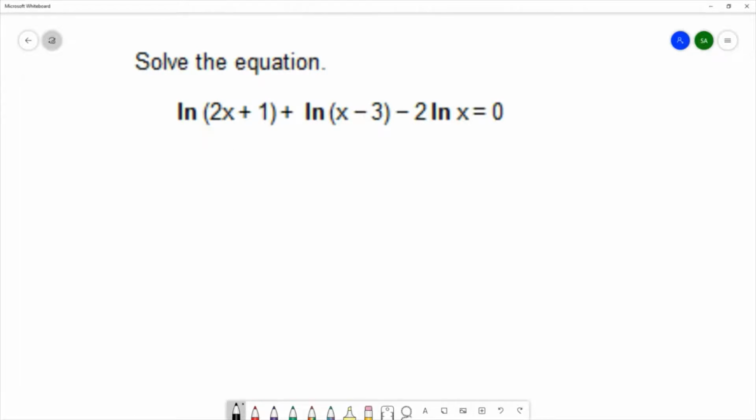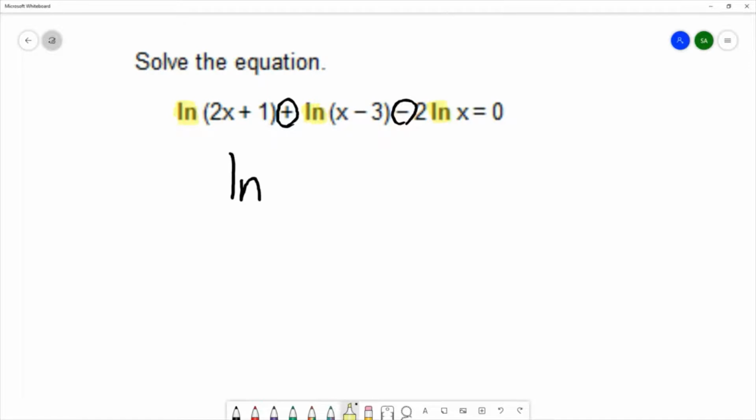We're going to condense using both the product rule and the quotient rule for logarithms because we have pluses and minuses. We're allowed to condense all of these because they all have natural log. Natural log is base e.